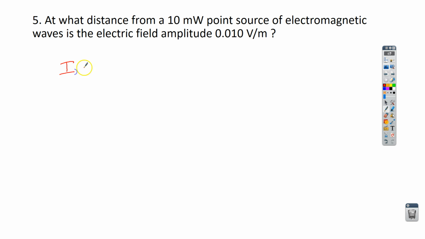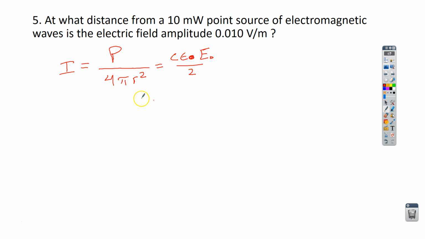I know that I'm dealing with intensity. Intensity is equal to power, which is why we're using milliwatts here, over 4 pi r squared. And that is also equal to c times epsilon naught times our E value squared, all divided by 2.